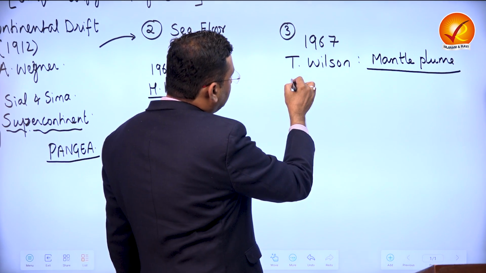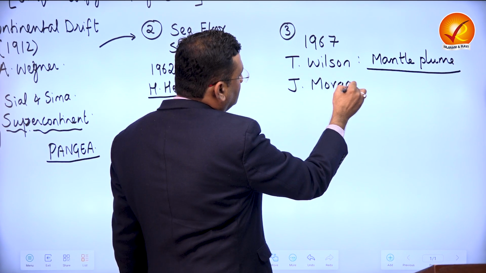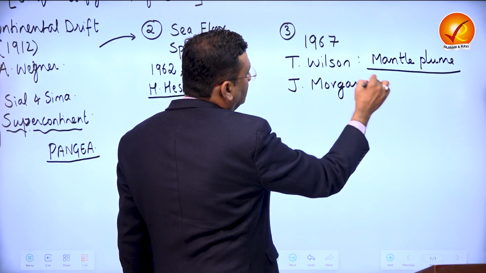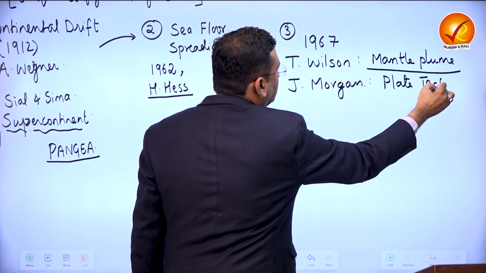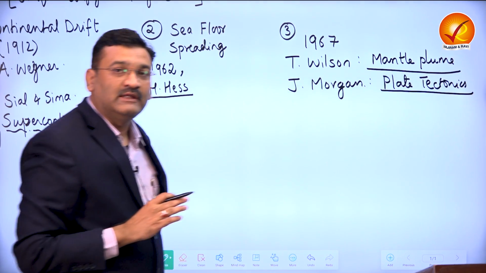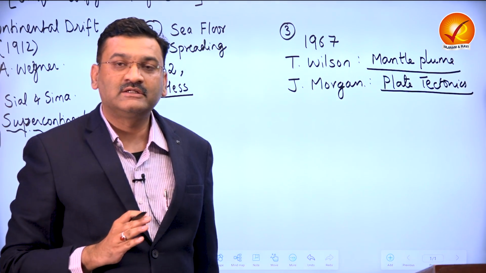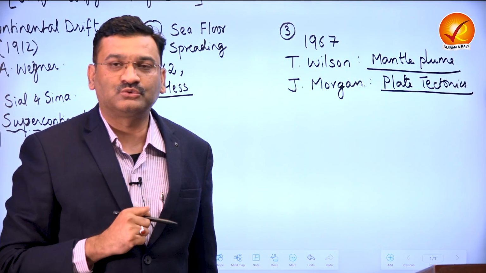And next was Jason Morgan, and he gave the theory of plate tectonics. So this plate tectonic theory is considered the most scientific explanation compared to the previous two theories.